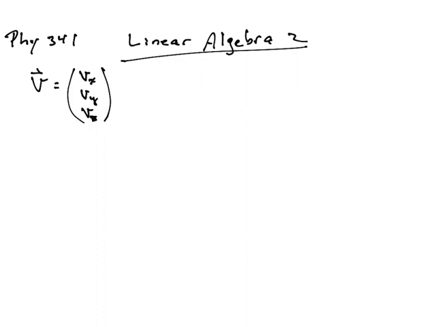Now, generally speaking, especially when we're talking about mathematics instead of just physics, these vectors don't have to relate to things like the x direction, the y direction, and the z direction. They can be in some abstract vector space where the different directions might mean position and momentum, for instance.